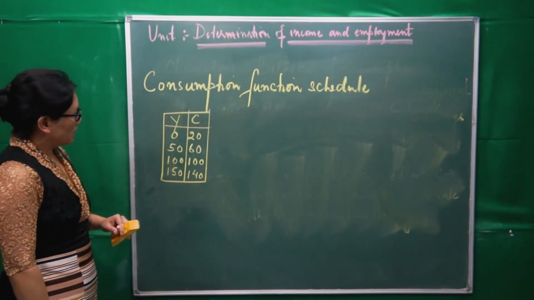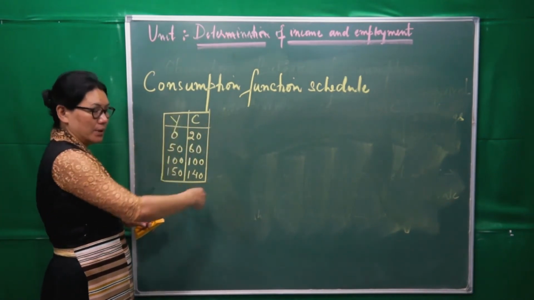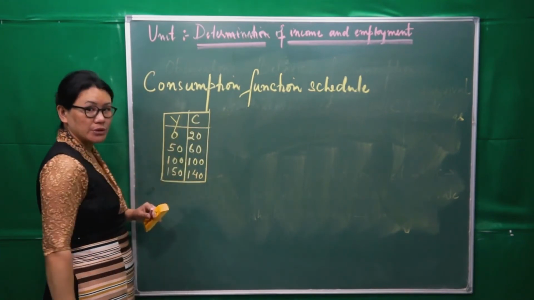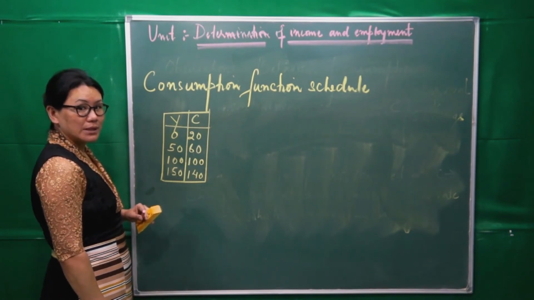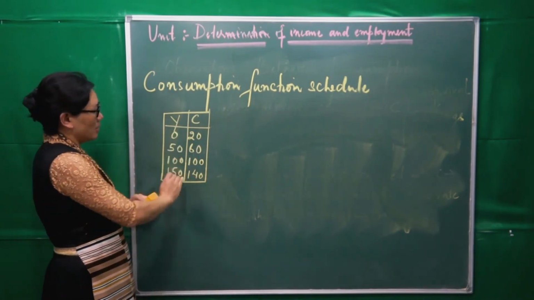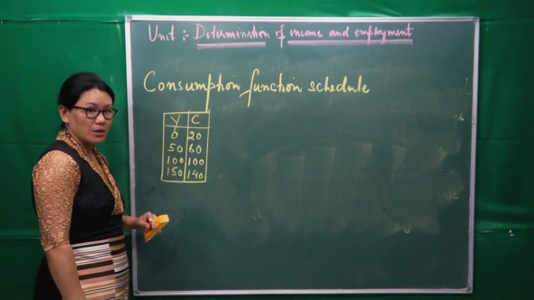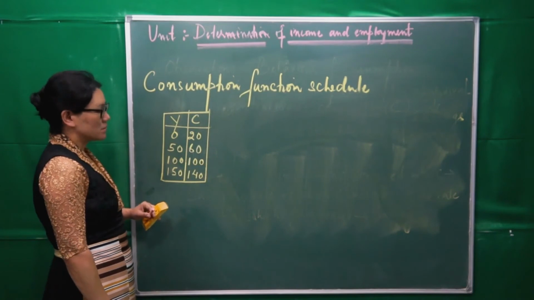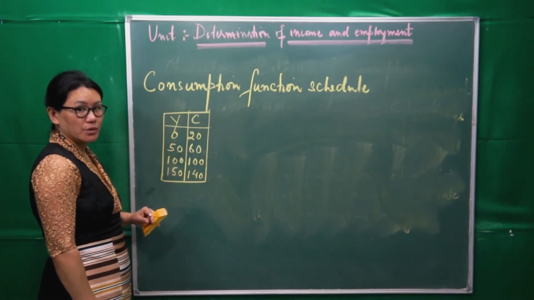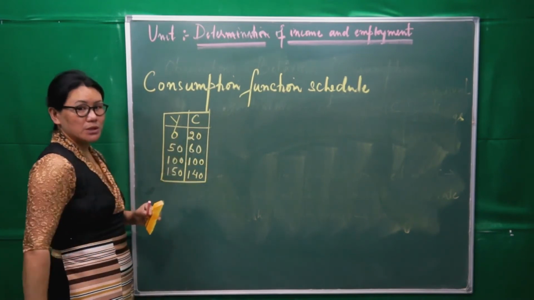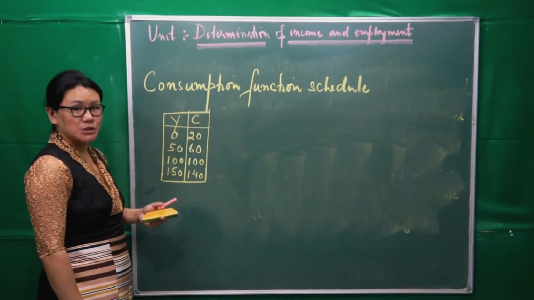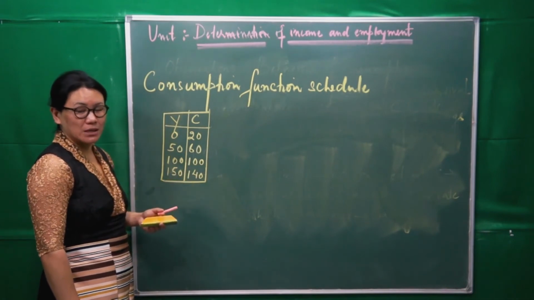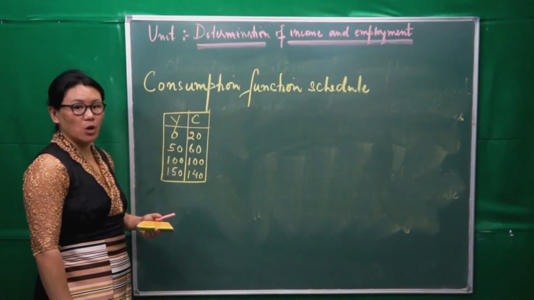Now, schedule is a table which shows the relationship between income and consumption. Is that clear? Now again, on the basis of it, we will see what is the relationship between these two. I have just now said this under the behavior of C, so the same thing will come under this one also.